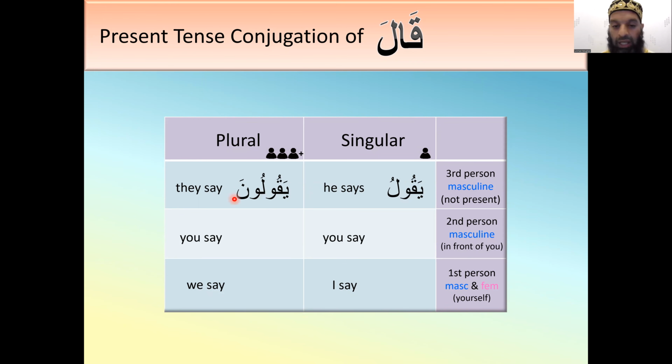Job done. Now you should automatically be able to tell me what the second person is. What letter prefixes for second person? The ta. Good. So taqulu, you say. What is you all say? Exactly the same as the top, but with the ta now.